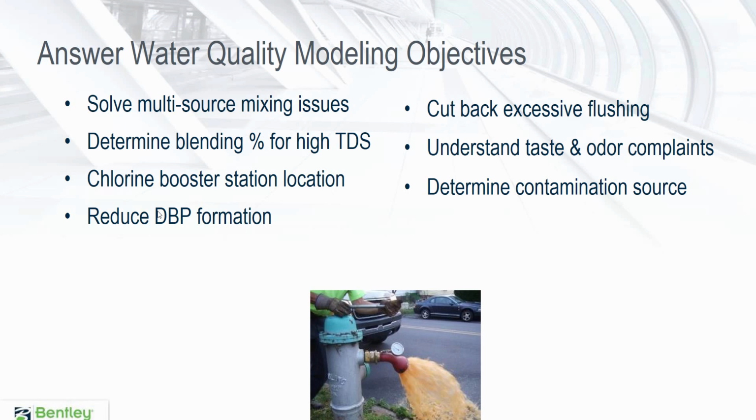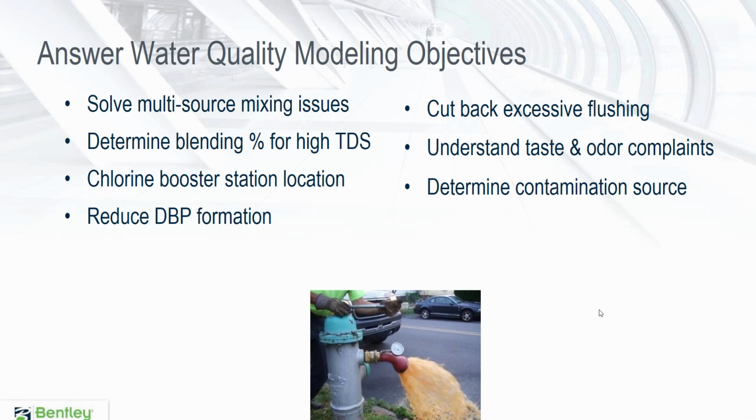Maybe you're trying to scratch your head and figure out where you should put a chlorine booster station. That's kind of a typical one you might see. Or how to reduce DBPs. You have DBP formation and you're trying to figure out how to reduce that and how to get the water to move through the system more quickly. And maybe this is all resulting from too much money spent on flushing.